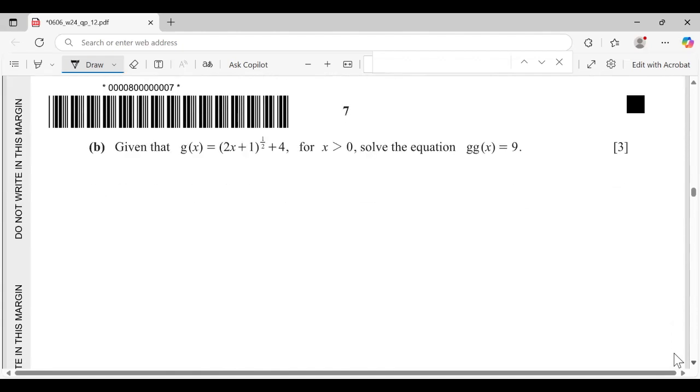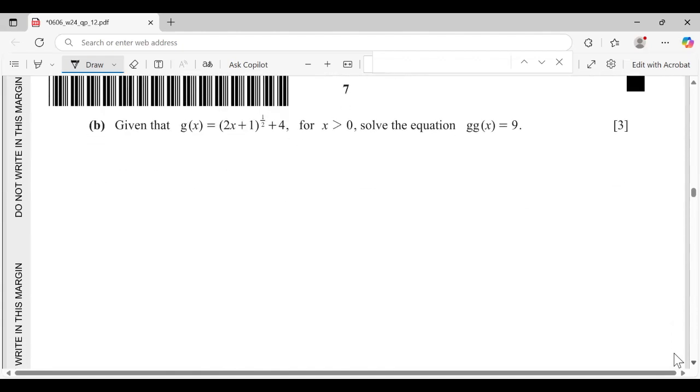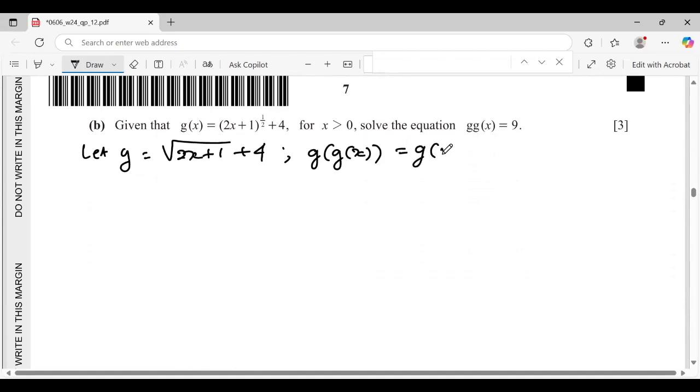Next question. Given that g(x) equals (x plus 1) to the power 1/2 plus 4 f(x) for x greater than 0, solve the equation g(x) equals 9. Okay, let y equal the square root of 2x plus 1 plus 4. So g of g(x) equals g of y, and it equals 9.